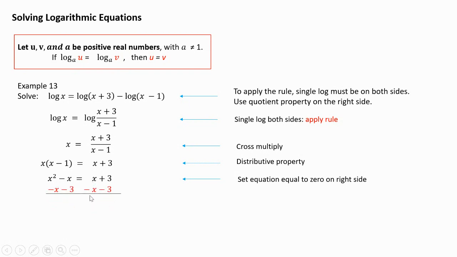Then on the right side it's going to be 0, because x minus x gives 0, and 3 minus 3 gives 0. On the left side, these two terms we can combine because they're like terms. So negative x minus x will give me negative 2x. The x squared just comes down because there are no other like terms, and the negative 3 comes down. Do you follow up to this point?